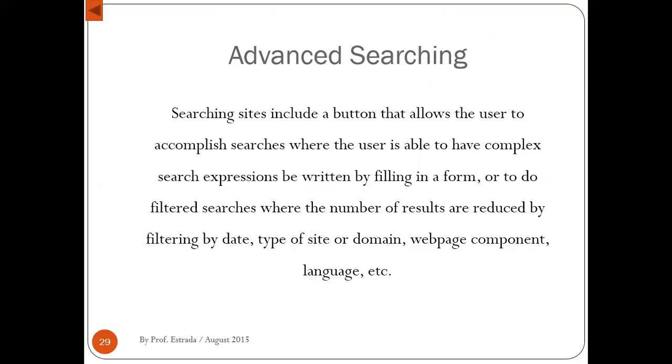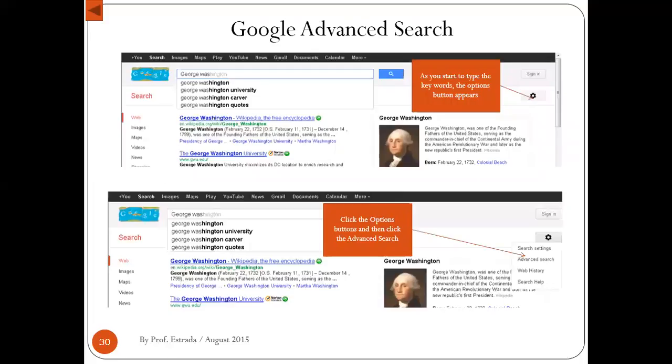Using advanced search often allows you to do one of two things: to have your search expression be written for you once you fill in a form, or to filter your search for things like date, type of domain, web content, language, etc. Let us give it a try now at doing a Google advanced search.